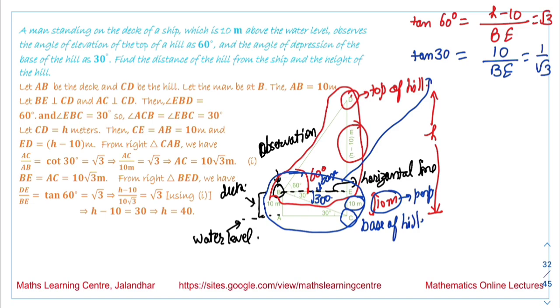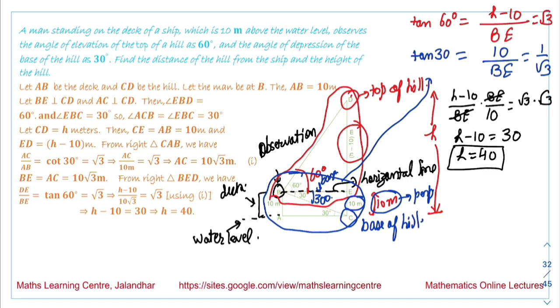If we divide both these equations, we get (h minus 10) over BE into BE over 10 equal to root 3 into root 3. BE gets cancelled, we get h minus 10 is equal to 30. So the value of h is equal to 40.